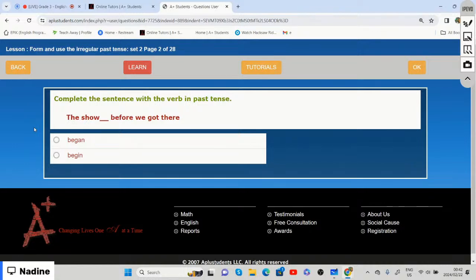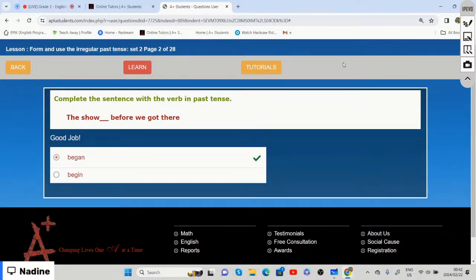All right. So we can say the show began because it is the irregular past tense. It began before we got there, and that is correct.